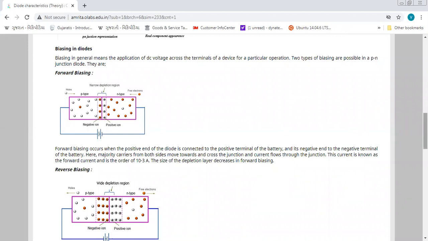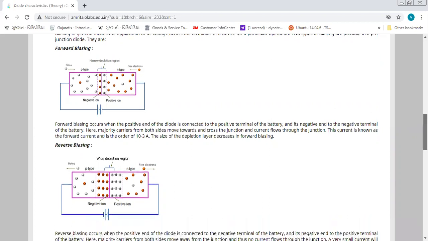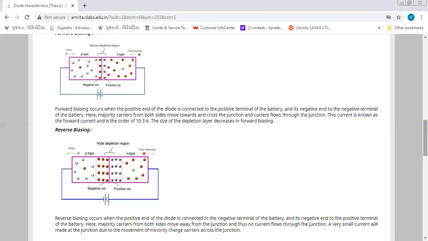And when the N-type material of the PN junction diode is connected to the positive terminal of the battery, and the negative terminal of the battery is connected to the P-type material of the PN junction diode, then this type of biasing is called reverse biasing.